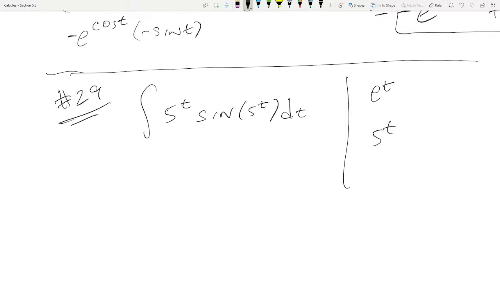E is a specific number, 2.718, blah, blah, blah, but here we have 5. And the derivative of e to the t, well, that's the easiest one in the universe. But when you take the derivative of 5 to the t, it's not exactly 5 to the t. Got a little fudge factor. And what is that fudge factor? Well, it's 5 to the t, and then you got to throw in a little ln 5.